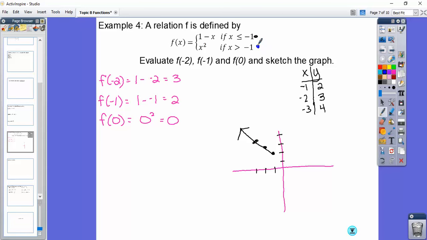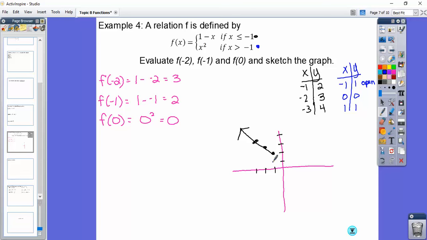The second piece. Even though this isn't equal to -1, I do have to start by plugging in a -1. What will happen is my circle is just going to be open. And then I need things greater than that, so like a 0 and a 1. So -1 squared is 1, 0 squared is 0, 1 squared is 1.